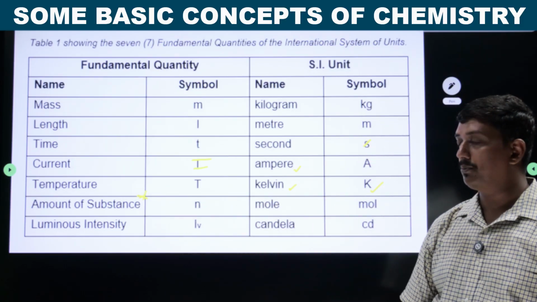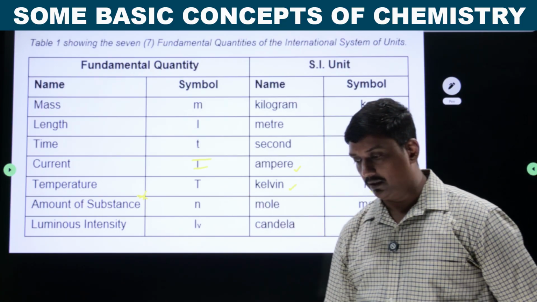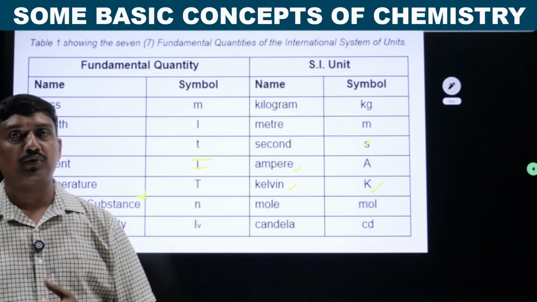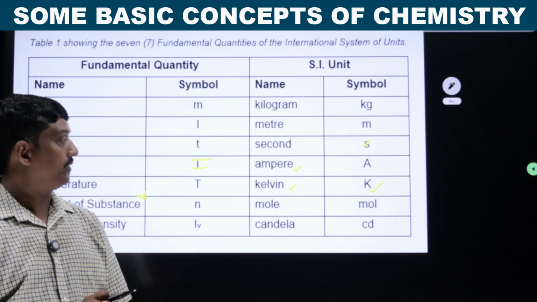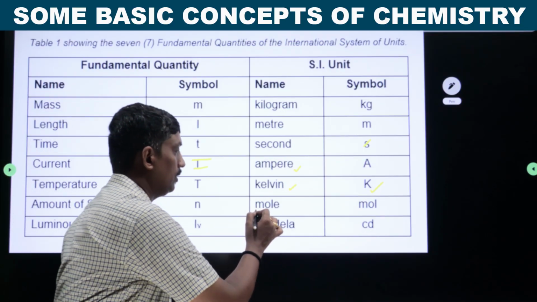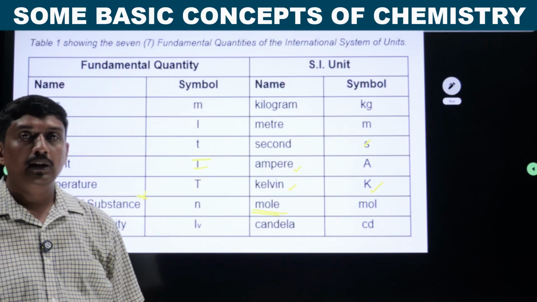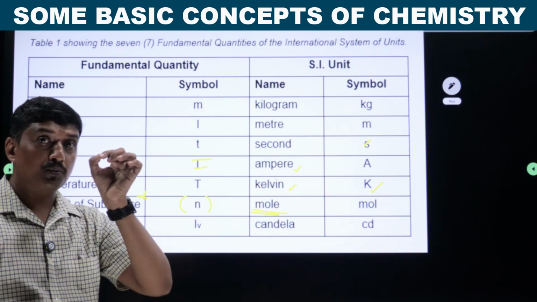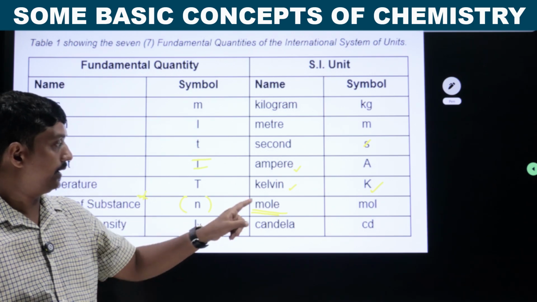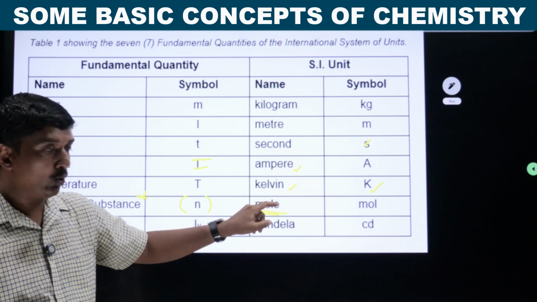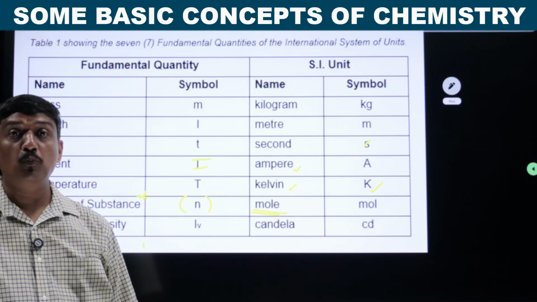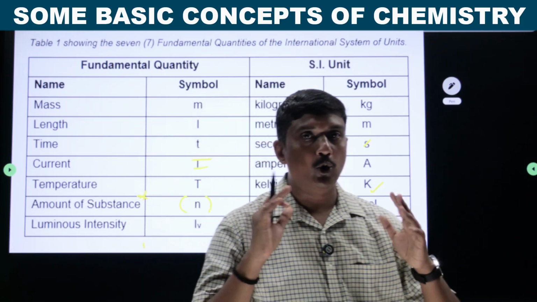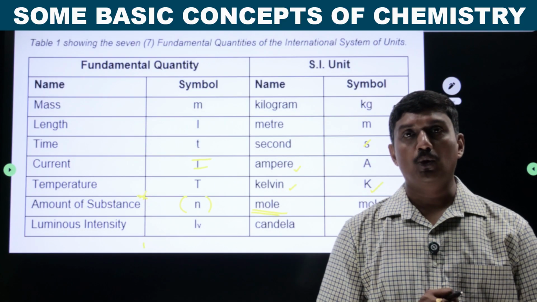Next, amount of substance. Usually in chemistry, amount of substance is expressed in terms of mole. Amount of substance is represented by small letter n. Its unit is mole. The symbol for the unit is mol. For example, 5 moles of oxygen, O2.